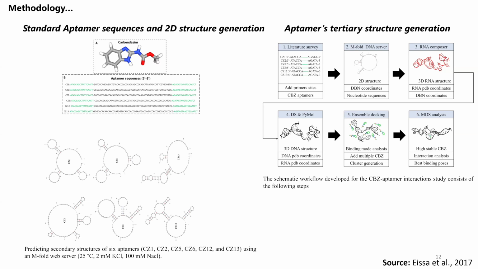So we got the highly stable region, and we finalized this is the region where the carbendazim binds. What we got from this information is that if we modify this region, we can increase the affinity and the specificity of the aptamer. Apart from that, it will also help in the truncation, which will reduce the cost of the aptamer.